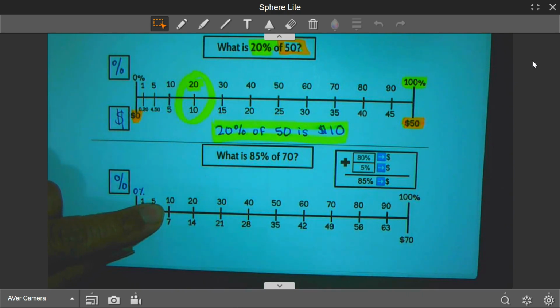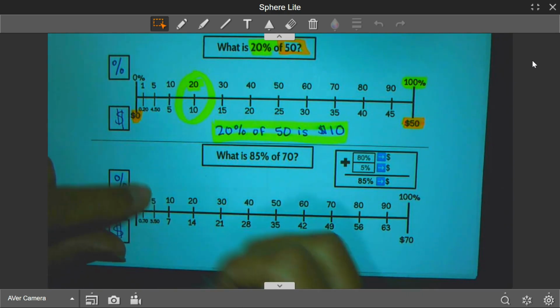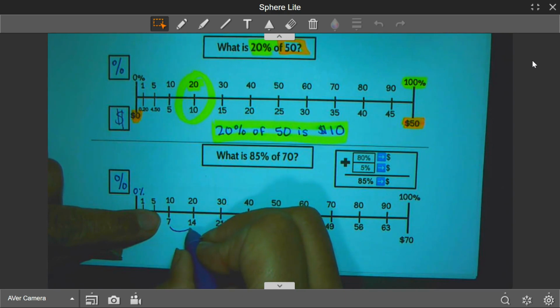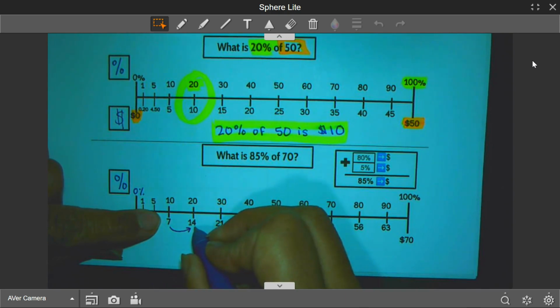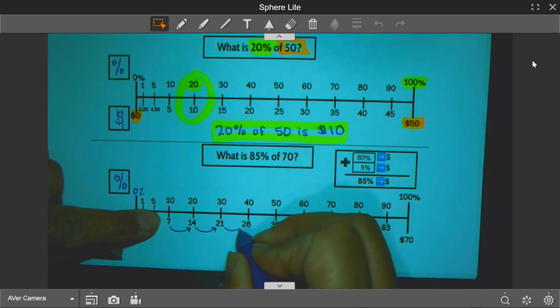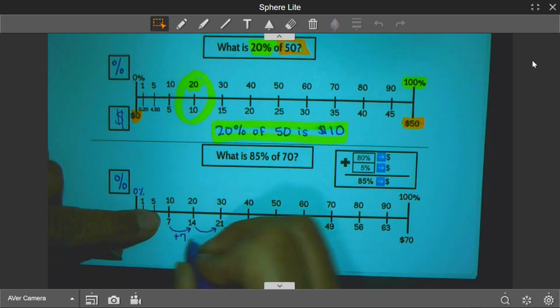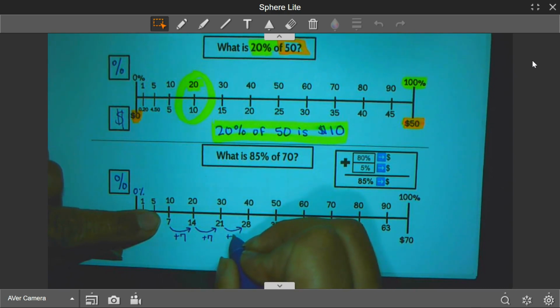20%, and so forth. We should also notice that there is a pattern. It is going up 7 each time. So we have a pattern of adding 7 each time.